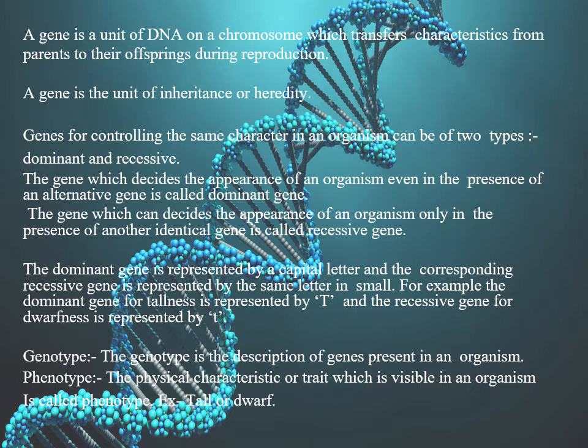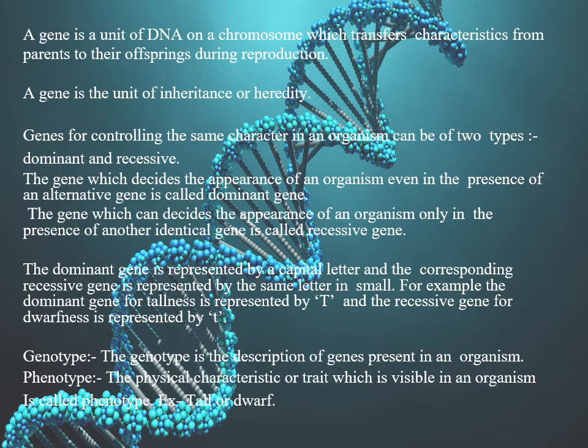Here, the gene which decides the appearance of an organism, even in the presence of an alternative gene, we call that gene the dominant gene. So the dominant genes are usually expressed or shown.